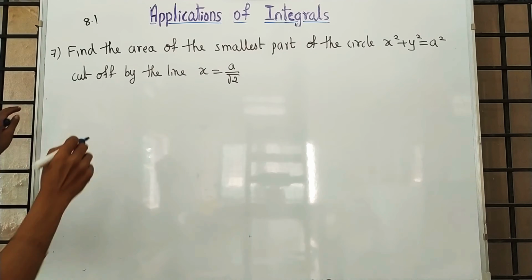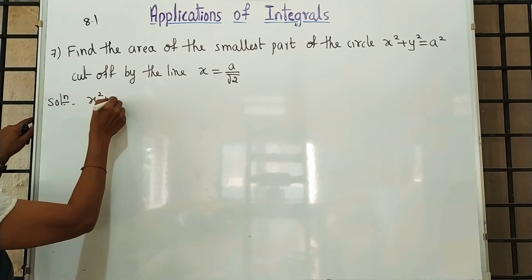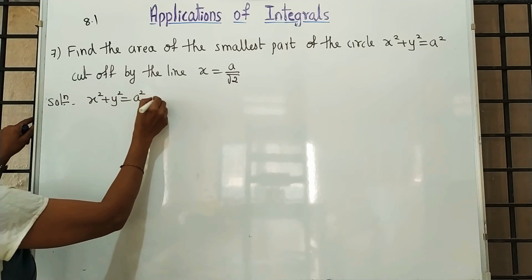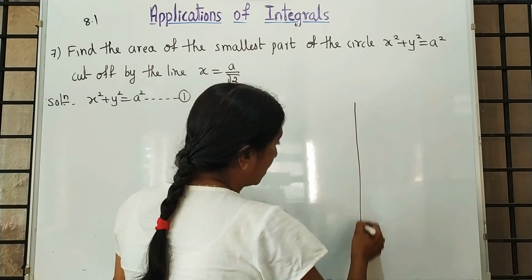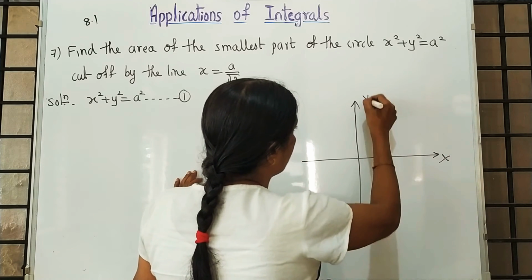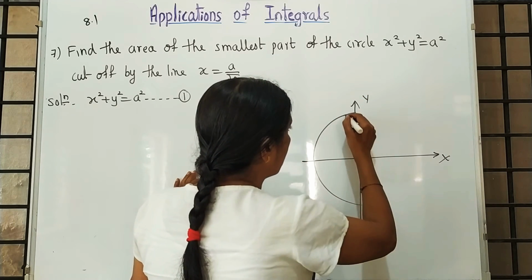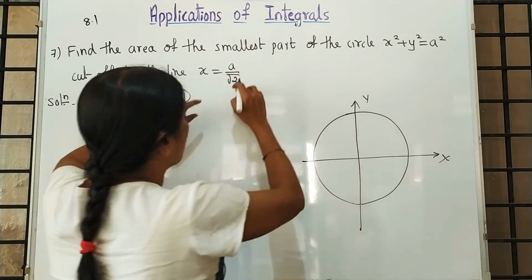See, already you are familiar, x square plus y square is equal to a square is the equation of the circle. This is the equation of the circle with center origin and radius a. Next, the line is x is equal to a by root 2.